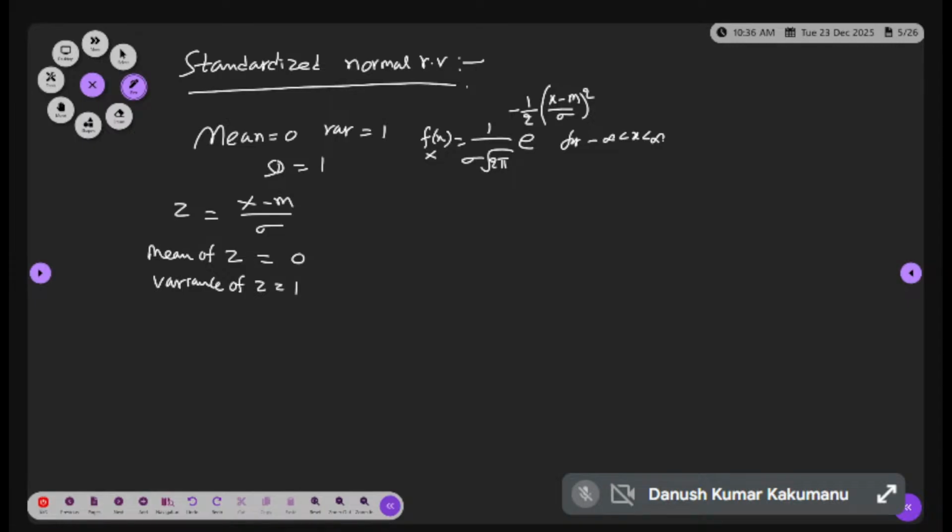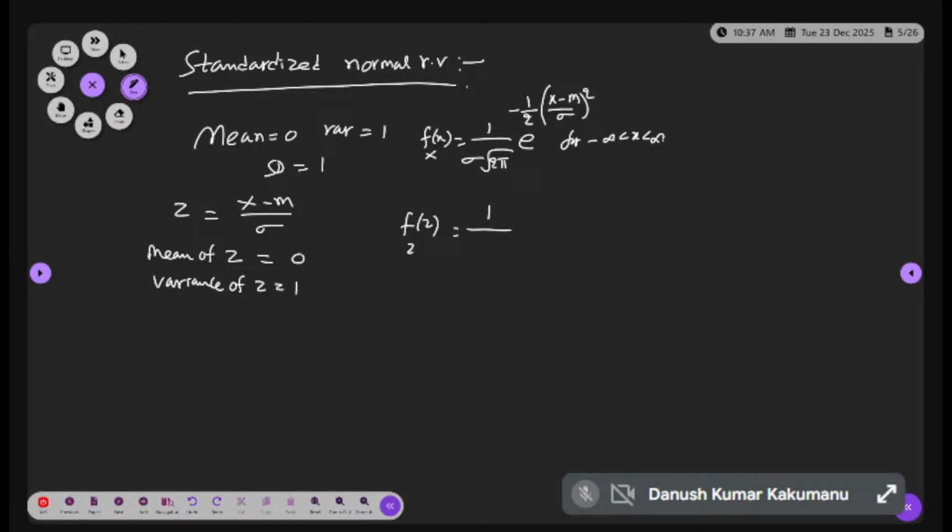This is in terms of x. What is the normal distribution in terms of the z? Concentrate here. What is the standard deviation of the z here? 1.